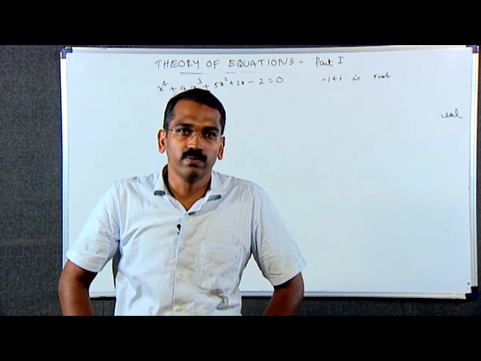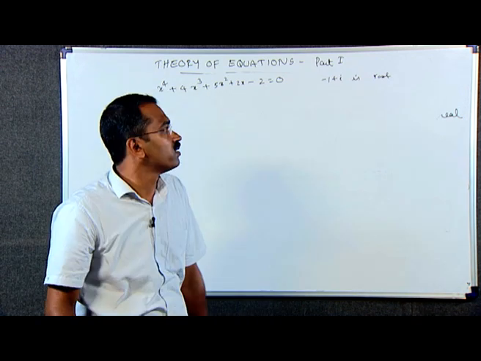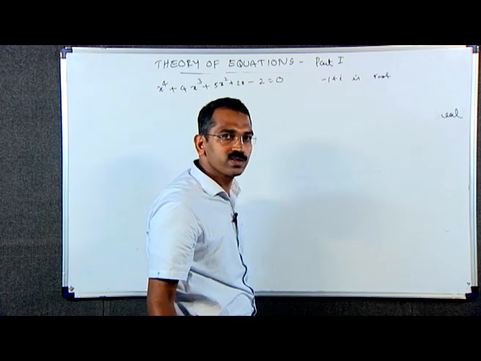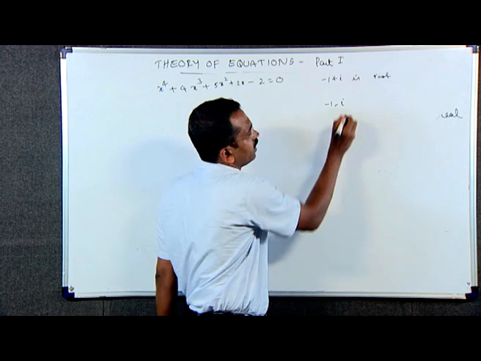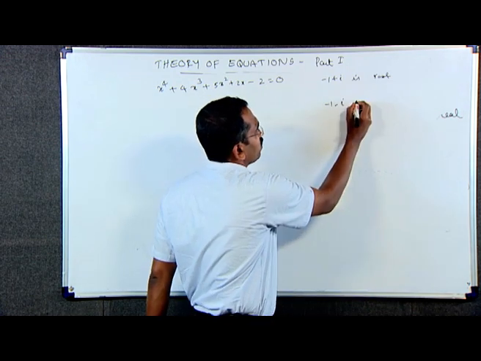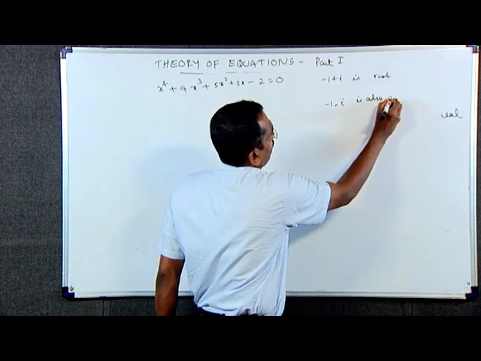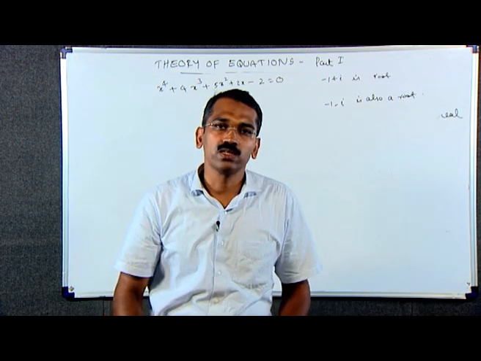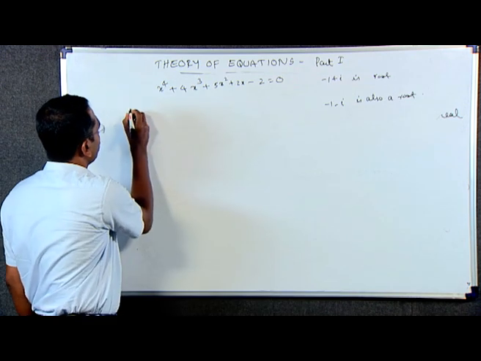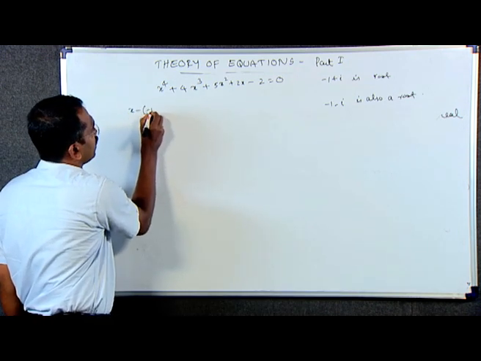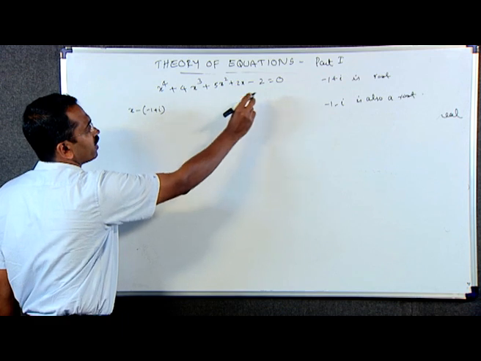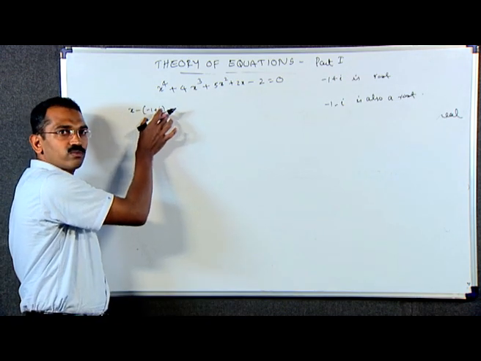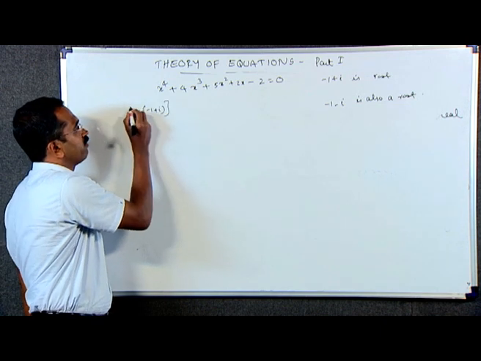From the above theorem, we can say that if minus 1 plus i is a root, therefore, obviously minus 1 minus i is also a root. Now consider this product. Minus 1 plus i is a root, means we can write x minus of (minus 1 plus i) is a factor.